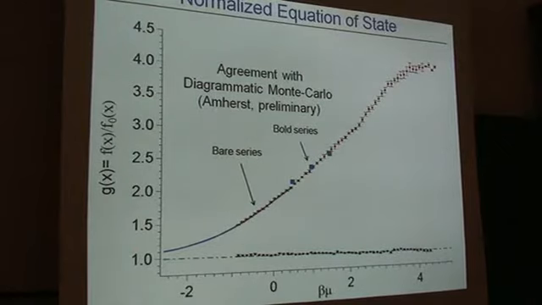They can now go even lower in temperature by essentially using dressed propagators instead of bare ones, and go beyond the high temperature regime and are still on our data extremely nicely.